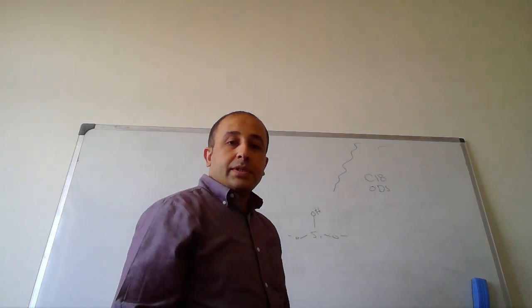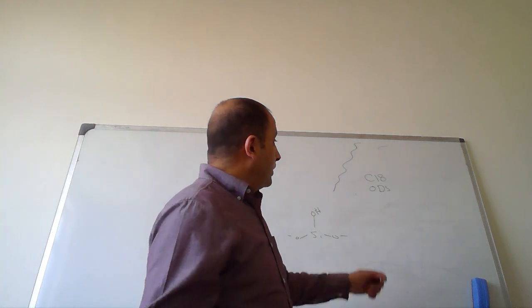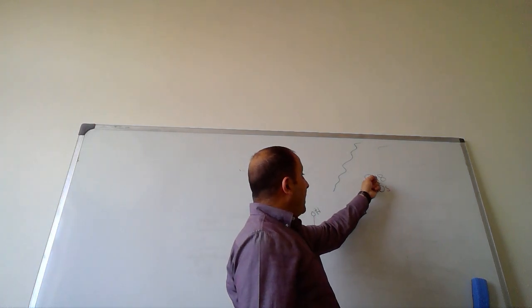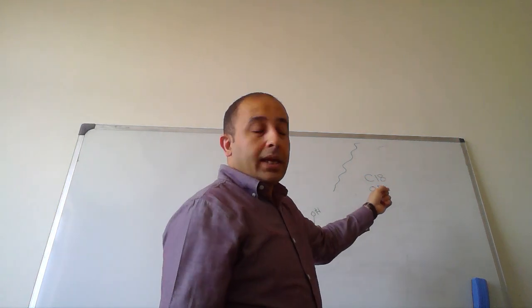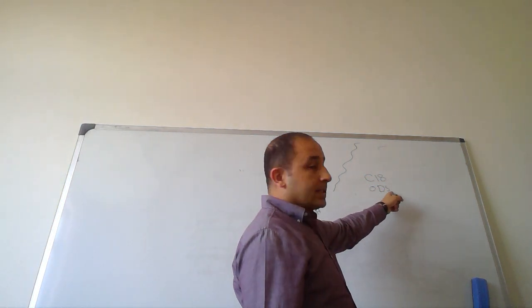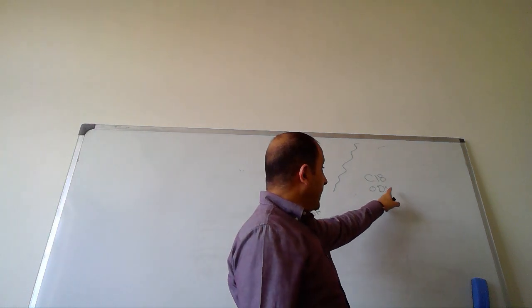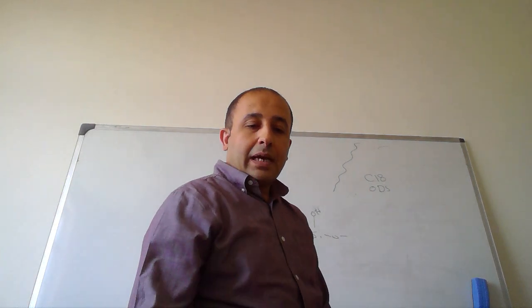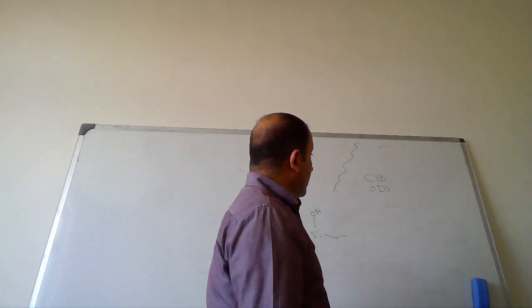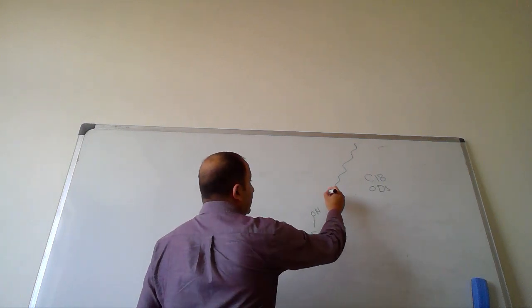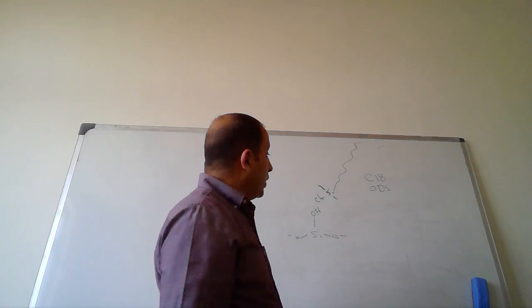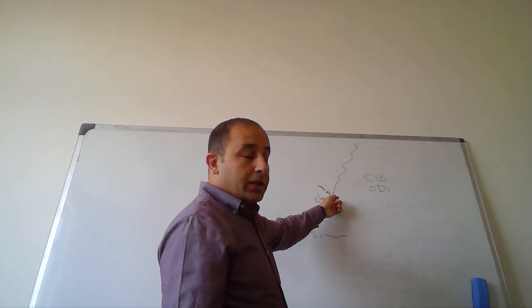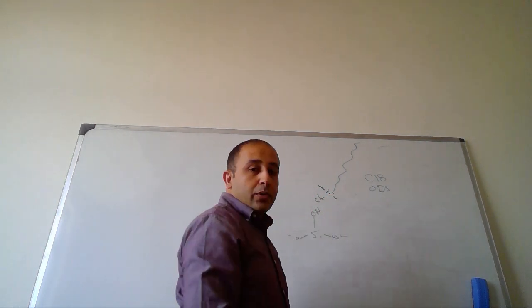The reason for this name is related to the IUPAC name of C18. C18 is octadecane, so octadecylsilane, ODS. So sometimes we call C18 ODS. So if we want to derivatize silanol, we have to have a head of silicon here containing a halogen.